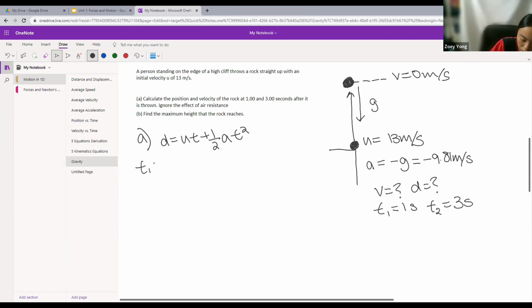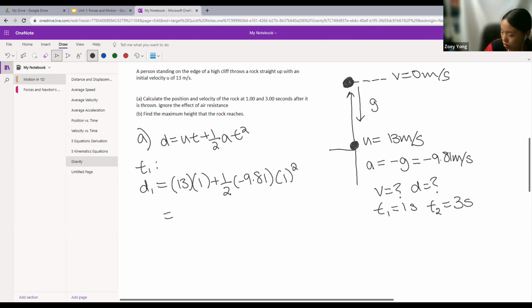For T1, so basically after 1 second, we're going to say D1, which is the distance that it travels in 1 second, is going to equal the starting velocity, which is 13 meters per second, times T1, which is 1, plus half, and then the acceleration is negative g, negative 9.81, times t squared, which is 1 again.